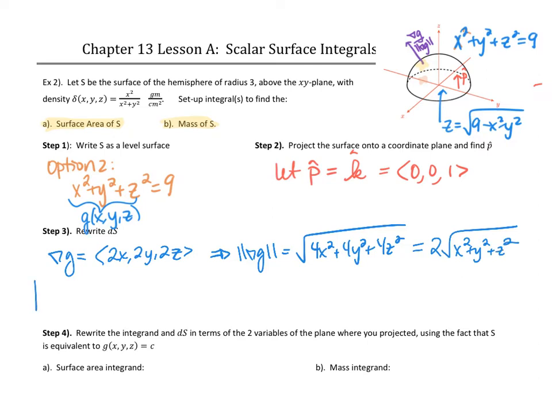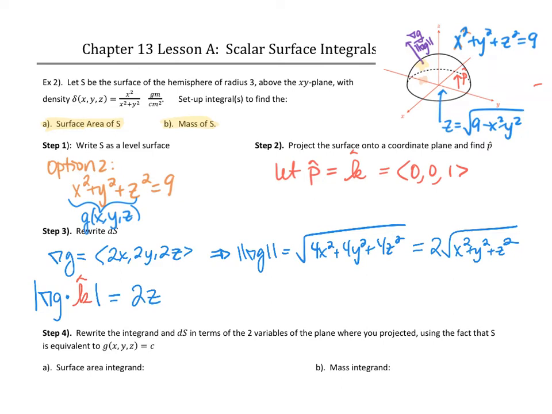Then I'm going to take the dot product of the gradient with my vector k, and that just gives me the k component of the gradient, which in this case is just 2z.